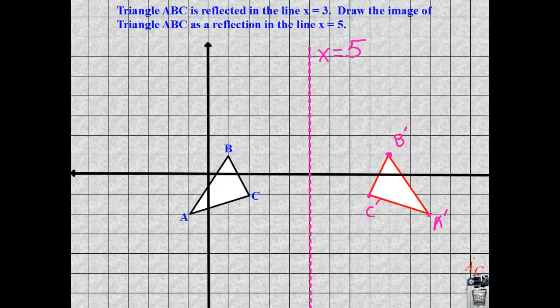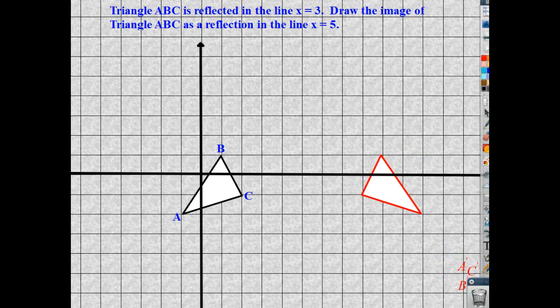You know, the only other thing that you might come across is they take this vertical line and maybe they tilt it so that it's a horizontal line and you need to reflect over the horizontal line. So let's see how that would look. Let me clear some of this off. And let's create that pink line horizontally.